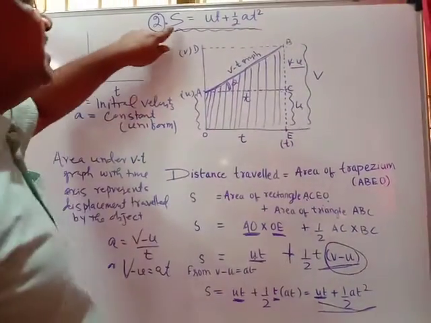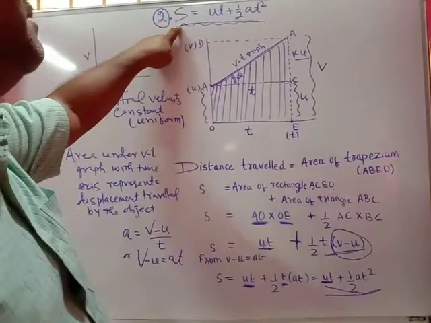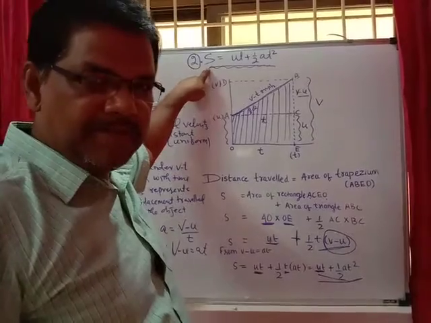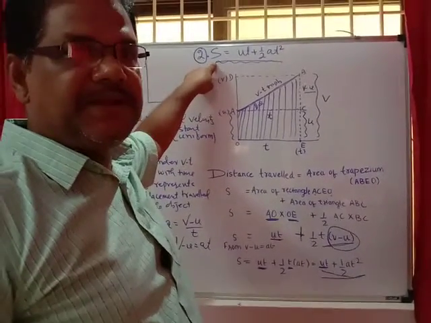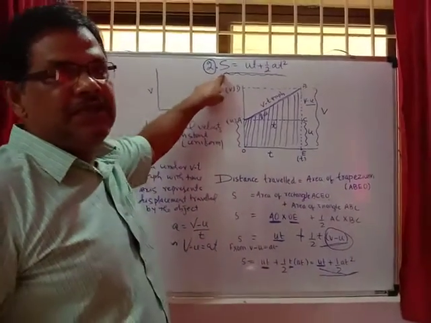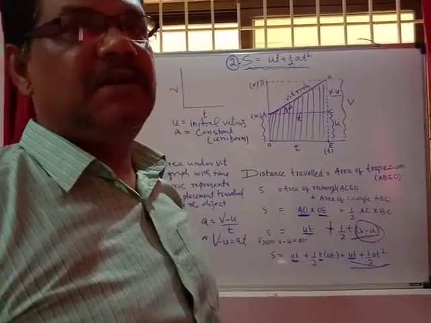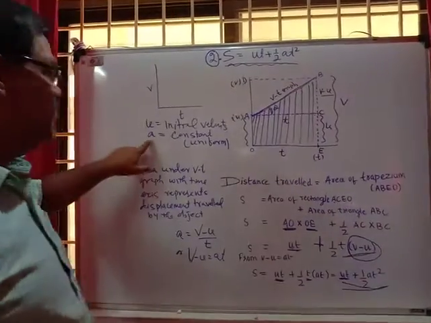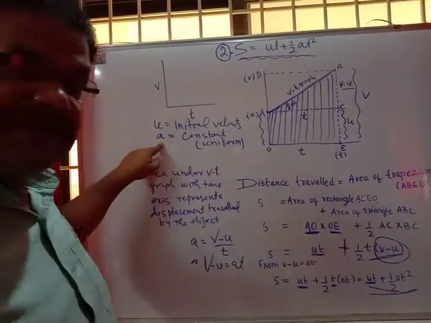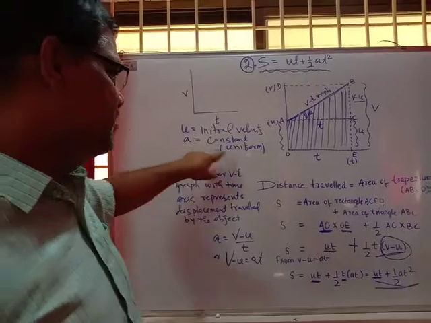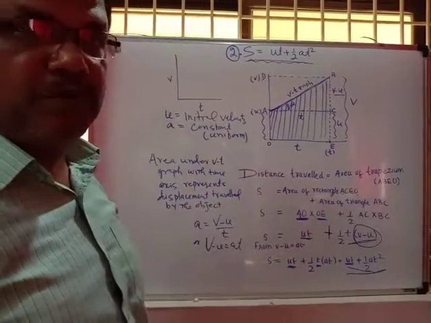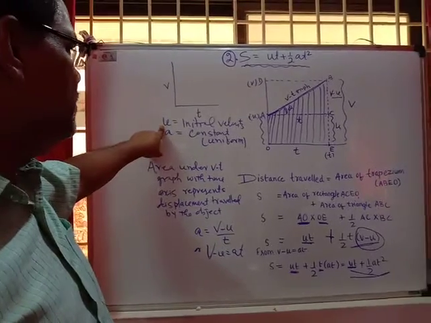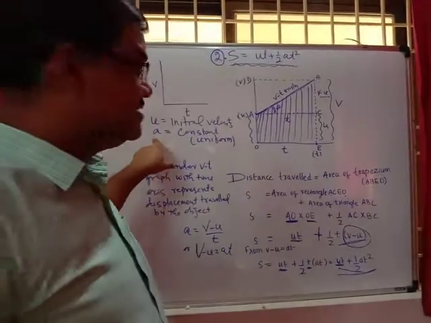This is the distance traveled by the object after time t seconds. And remember, whenever you apply this equation in a numerical, you must search for the object which is moving with uniform acceleration. This is applicable only for uniform acceleration. The acceleration must be constant. Uniform acceleration and constant acceleration are the same term, and the object has initial velocity u and constant acceleration a.